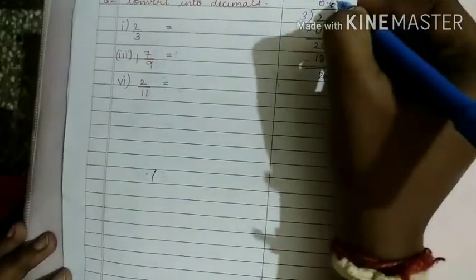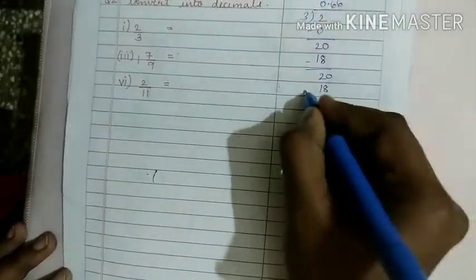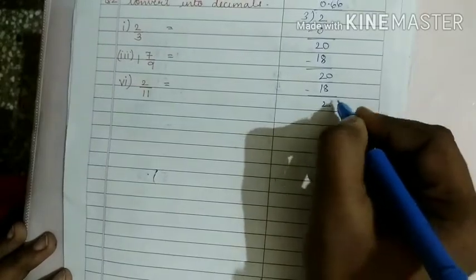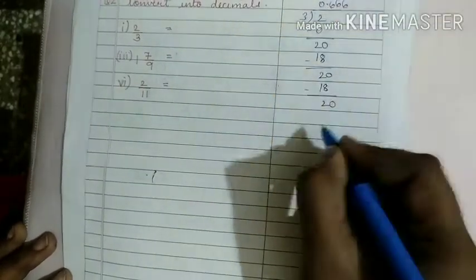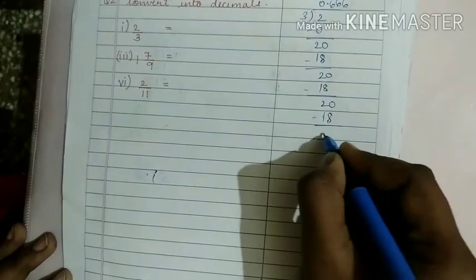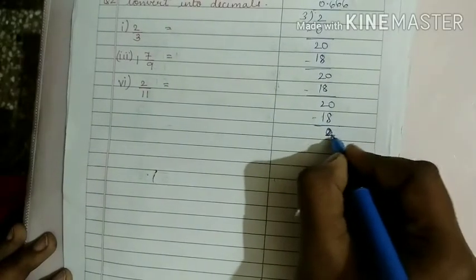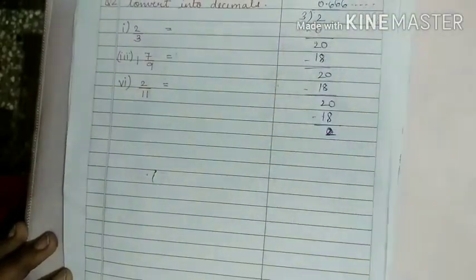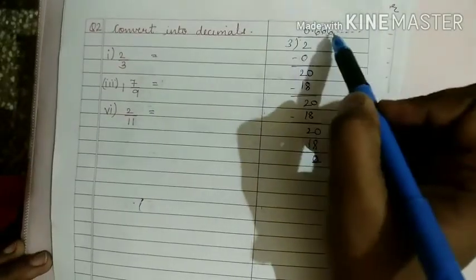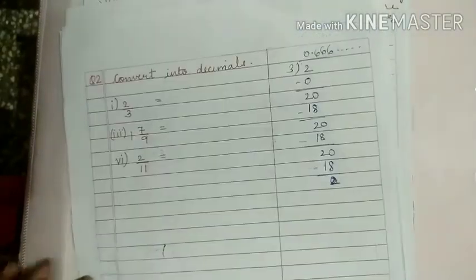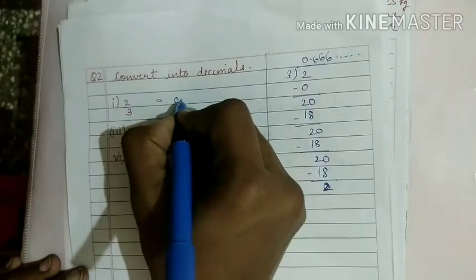Again 0. 3 sixes are 18. So this is going to continue. 0.6666 and so on. So I'm going to write it as 0.6 recurring.